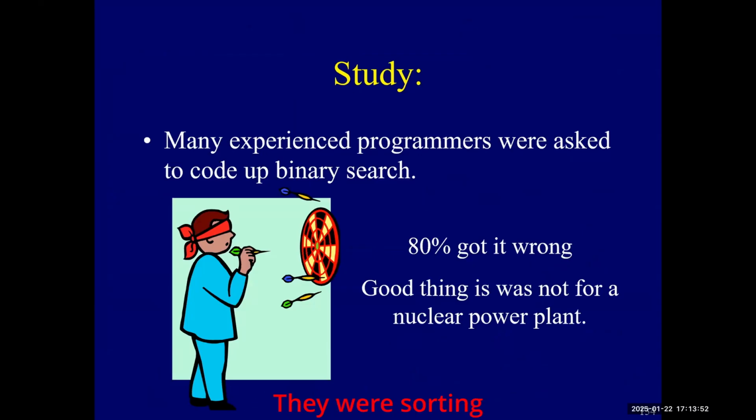They were sorting, right? It was before the day of large language models. They cared about sorting, and they asked expert coders to code it up, and 80% of them wrote code that didn't work, right?